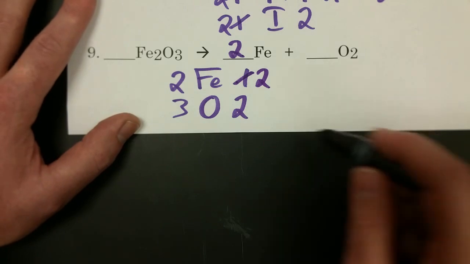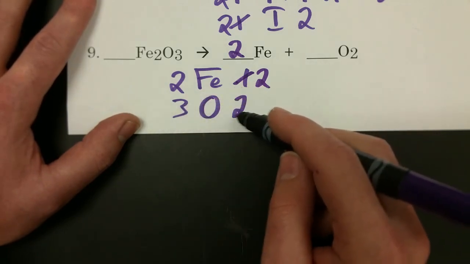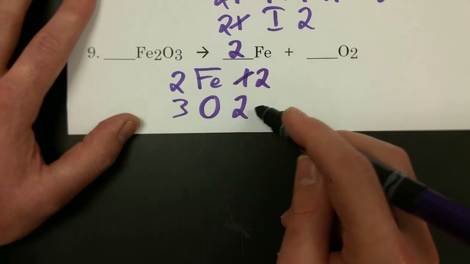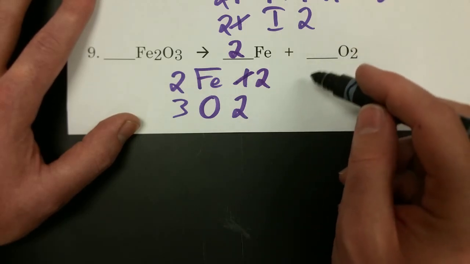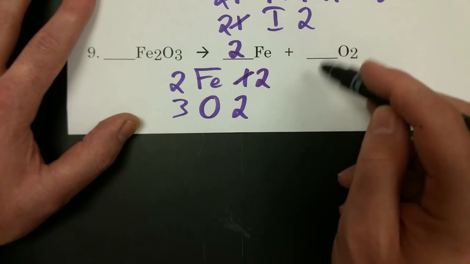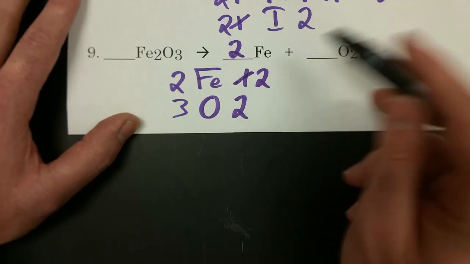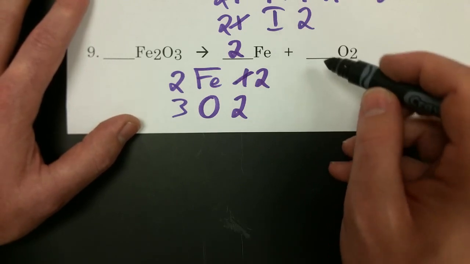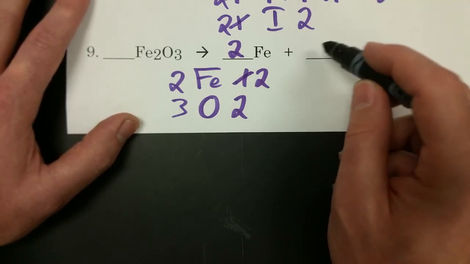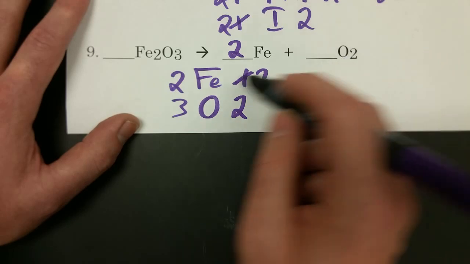Now we have to fix the oxygens. There's 3 on this side and 2 on this side. Well, no matter what I multiply this by, I'm not going to get 3 oxygens on this side. I mean, I can multiply by 1.5, but we don't do fractions or decimals, only whole numbers. So if I multiply this by 2, we'd have 4, and that's too many.